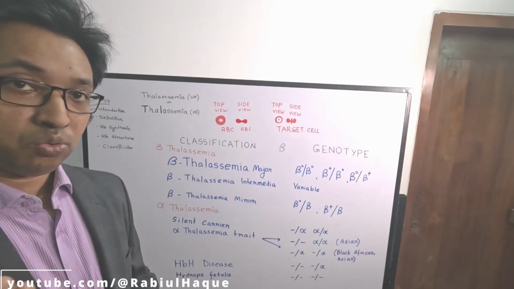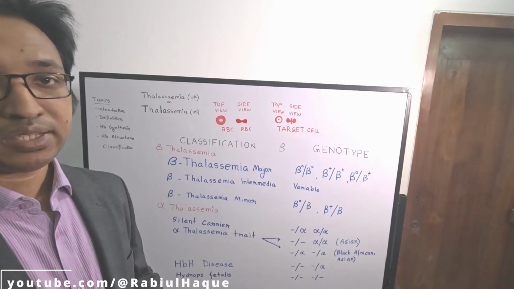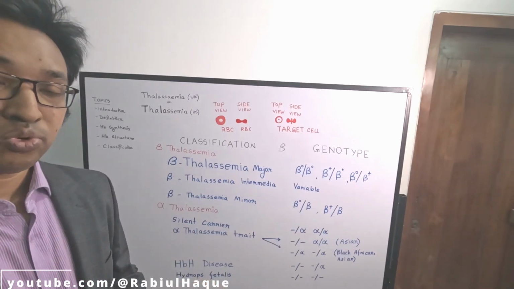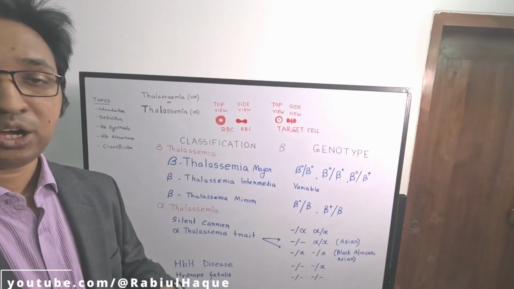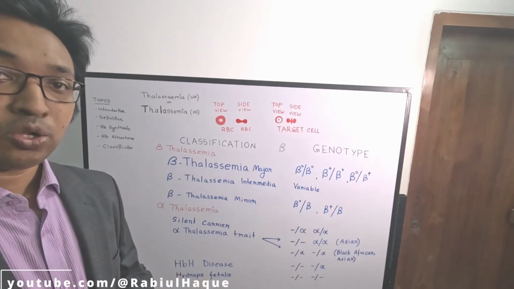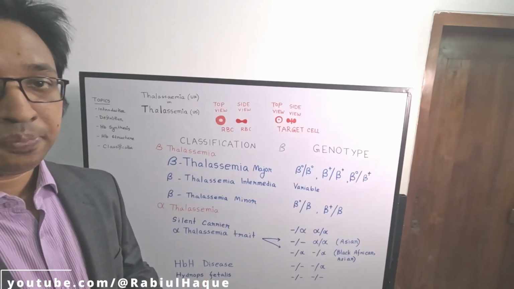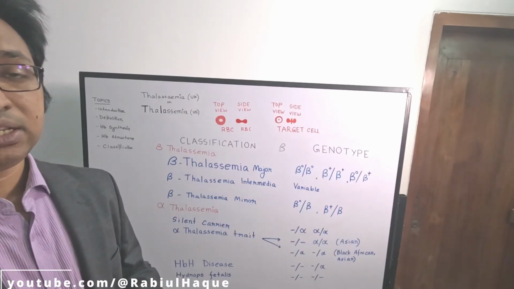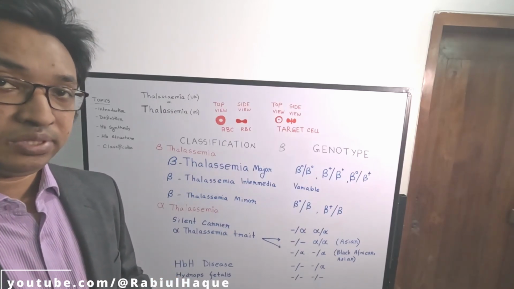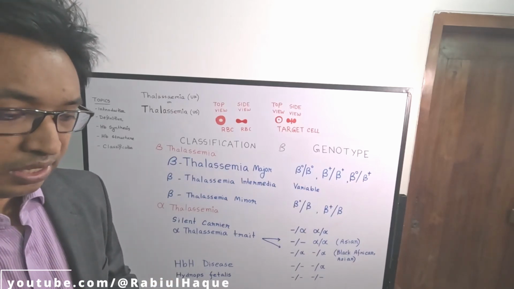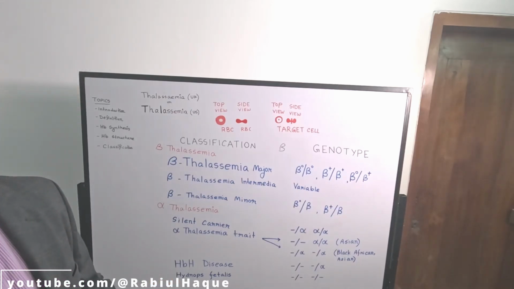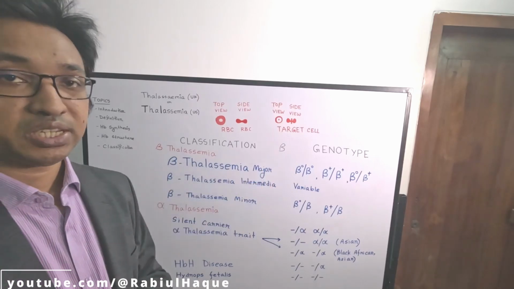So we have one gene that makes beta globin chain on the chromosome number 11 that came from our father, and we also have another gene that makes beta globin chain on the chromosome number 11 that came from our mother. And here the normal gene is denoted as beta.